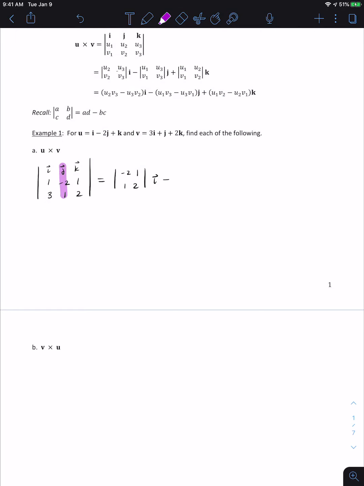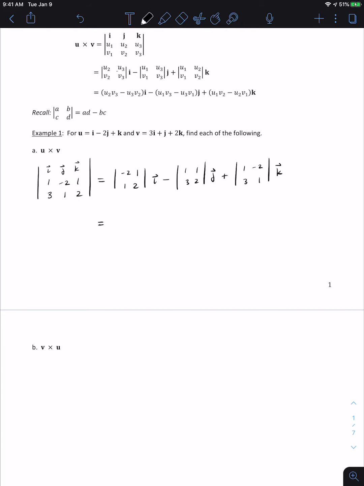So I pretend this row and this column don't exist. So now I have 1, 1, 3, 2 times j, and then plus, because we'll have a plus with the k, and now we pretend that the k row and column don't exist, and I get 1, negative 2, 3, 1 times k.